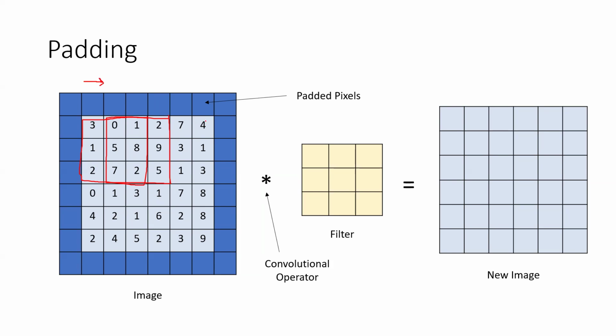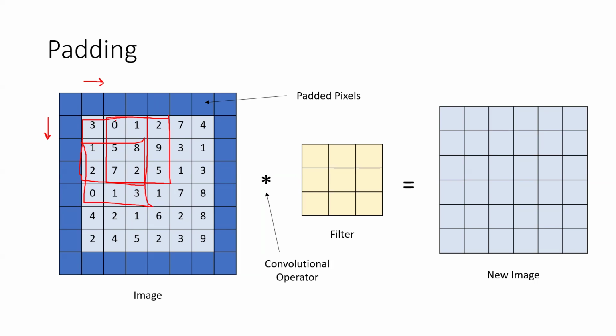And then we go here, and then we go there, and when we come to the next row, we are coming down only by a single pixel, and then we can apply it into this set of pixels, right?